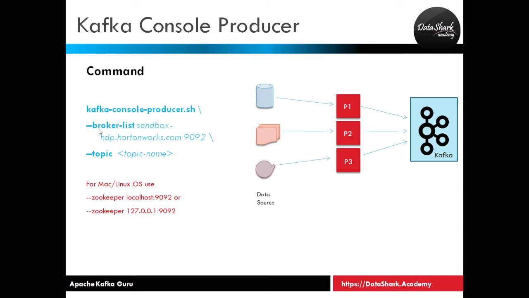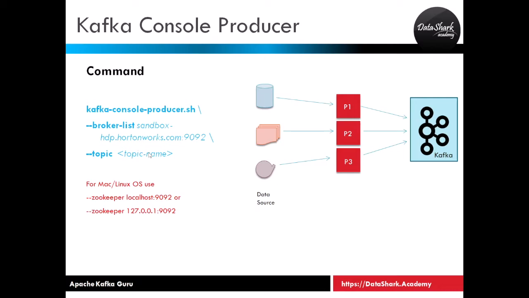And also keep a note that we are not using the zookeeper parameter here. Instead, we will be giving the list of brokers on our cluster. As of now, we only have one broker that is running on this port 9092. Okay, if you have more servers, you can give the list of the servers separated by comma, and then finally we'll give the topic name where we want to publish the data.